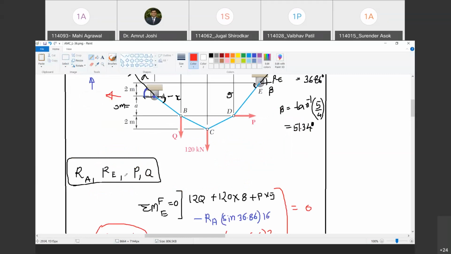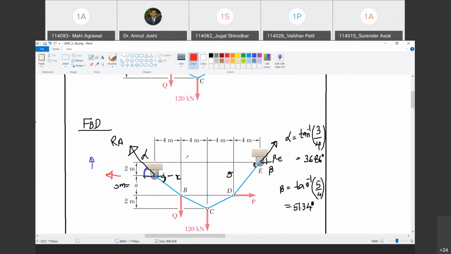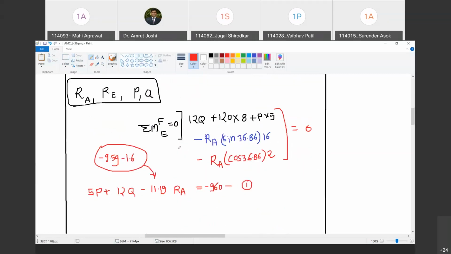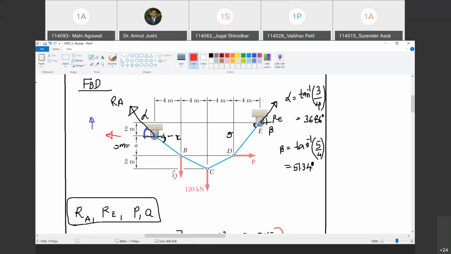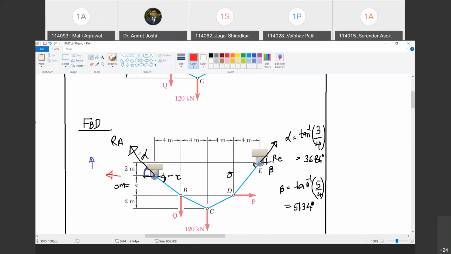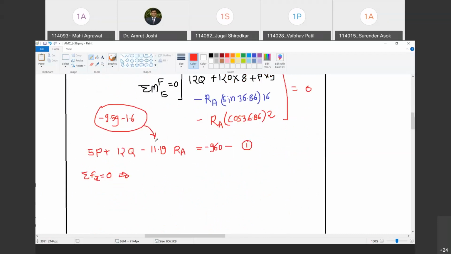Now let us look at the second equation. So what is the second equation? Summation Fx equal to 0. Happy? Yes, sir. Summation Fx equal to 0 yields you what? Tell me. RA cos 36.86. Happy? And as it is in negative x direction, therefore negative sign.